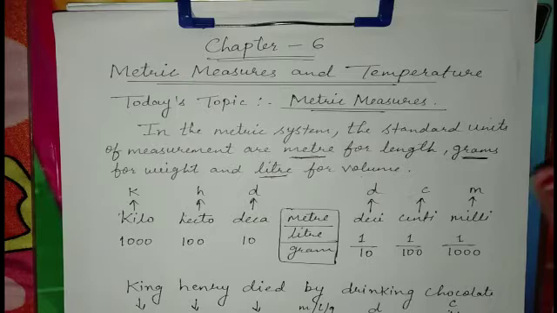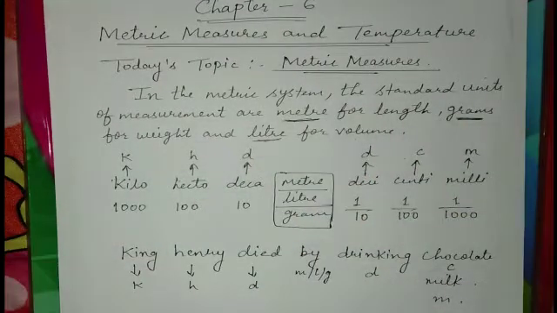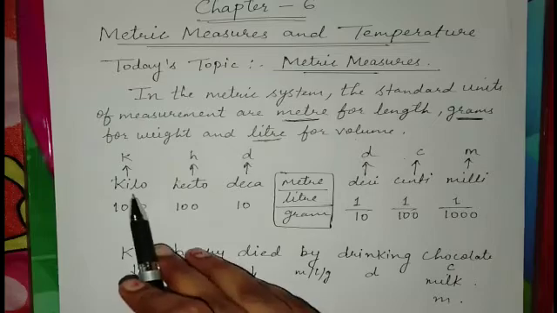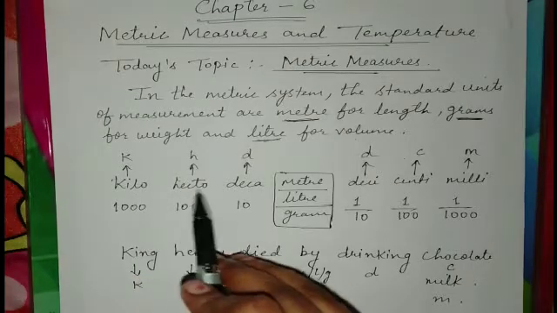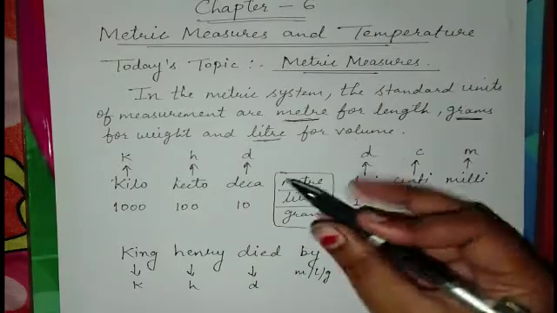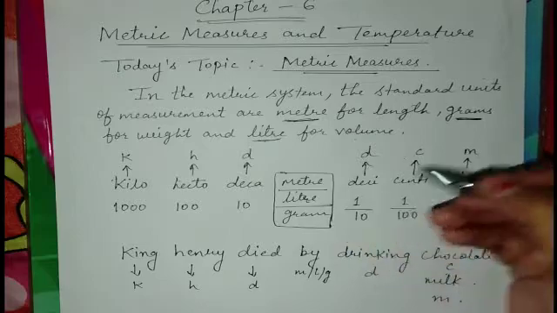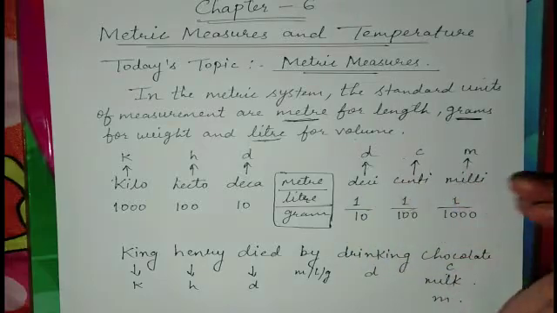So we'll start. First we will see this place value chart. Here it is kilo, hecto, deca, meter, liter, gram, and here deci, centi and milli.